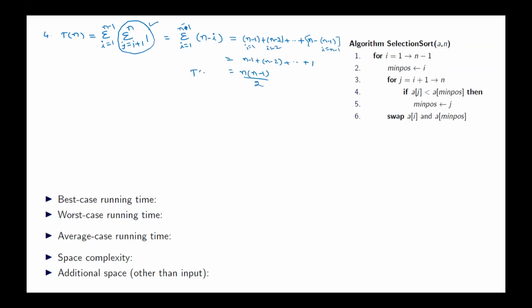This is one way of calculating. What is the other way of doing it? That also we discussed, no? We can split it and apply to both. T of n can be written as sigma i equals 1 to n minus 1 of n, minus sigma i equals 1 to n minus 1 of i. Here n is independent of i, so we can take it outside. And what is this? It is the sum of the first n minus 1 natural numbers.